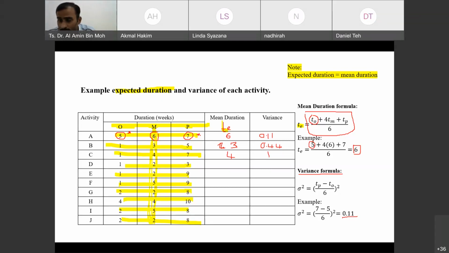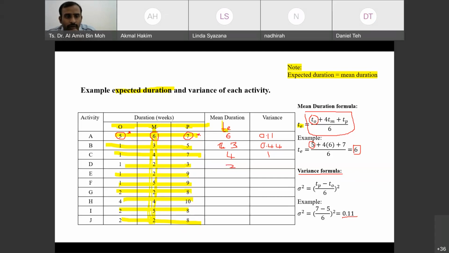Doctor, I got a question. Yes. Actually, for the mean, if I calculate 1 plus 2 plus 3 divided by 3, I still get the answer. Can I just straight away calculate the mean that way?